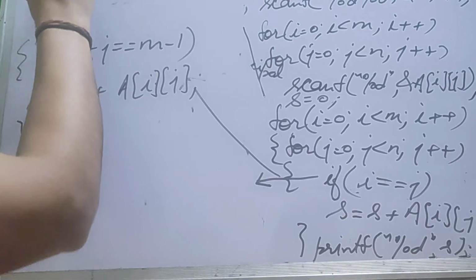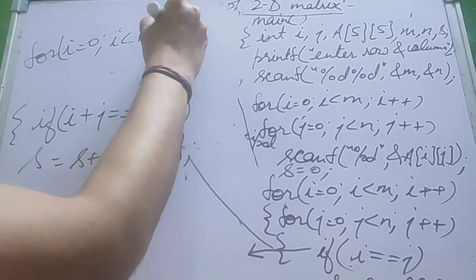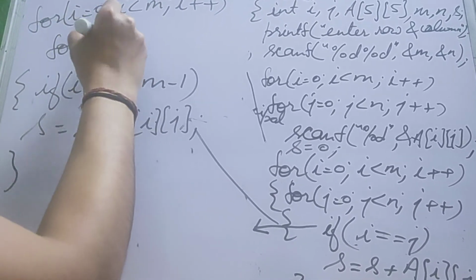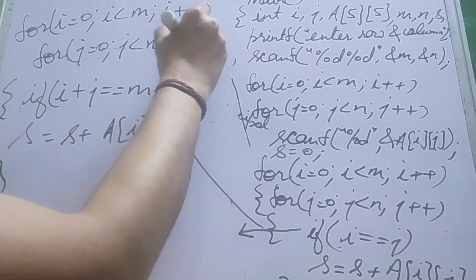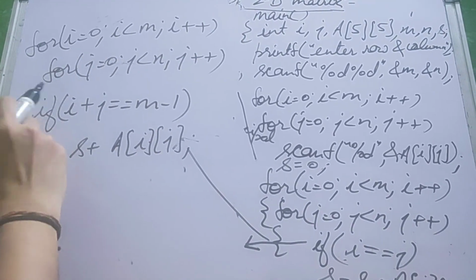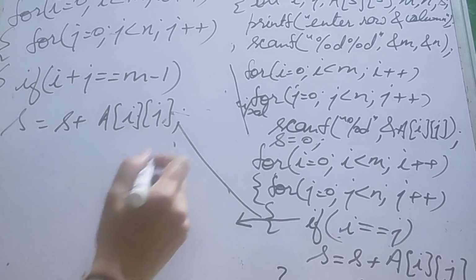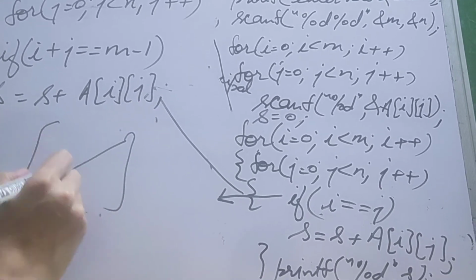For loop i equals to 0, i less than m, i plus plus, and then another for loop j equals to 0, j less than n, j plus plus. Condition is if i plus j equals to m minus 1, then the non-principal diagonal element sum it will print.